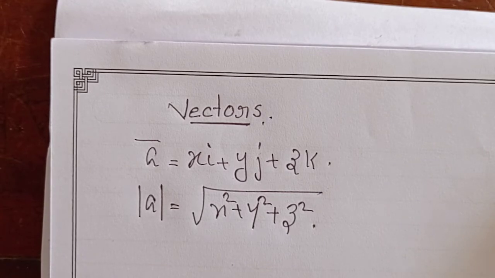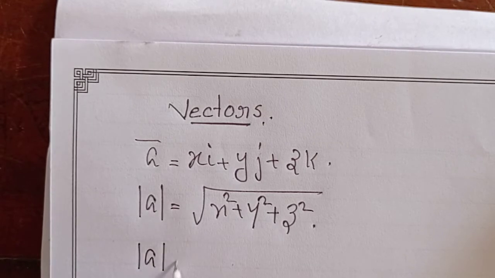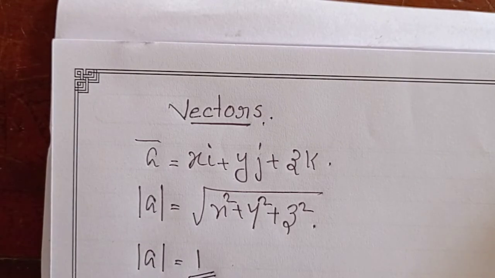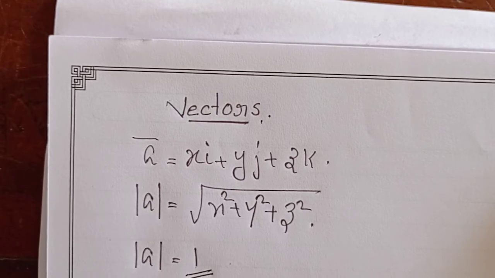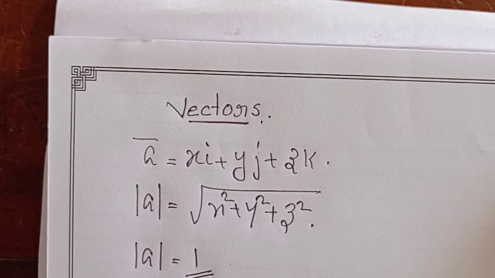Okay, then can you say what is a unit vector? Unit vector means the modulus of that vector is equal to 1. And what is the meaning of equal vectors? Two vectors A and B are said to be equal if they have the same magnitude and same direction.